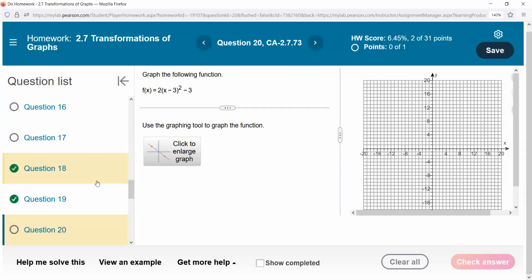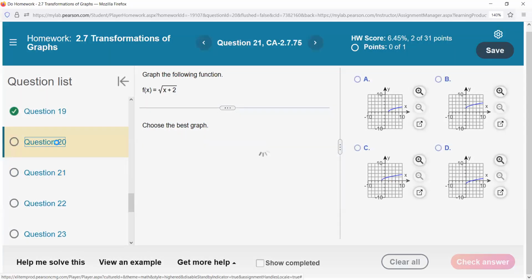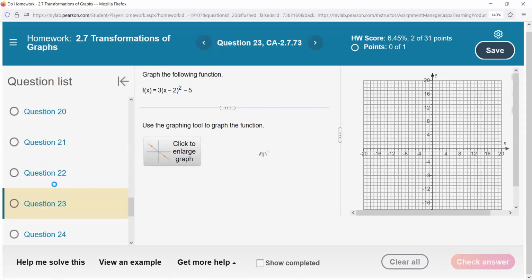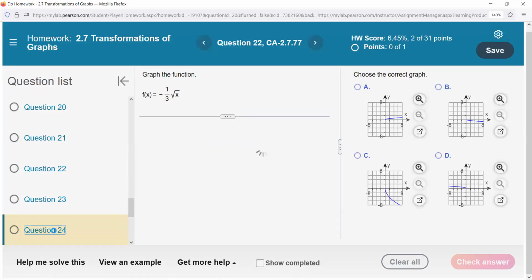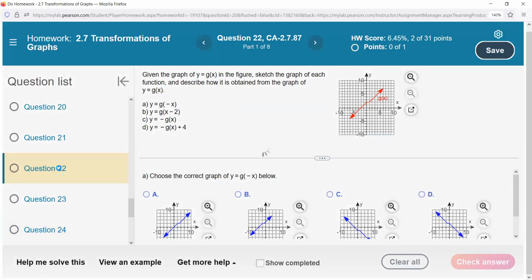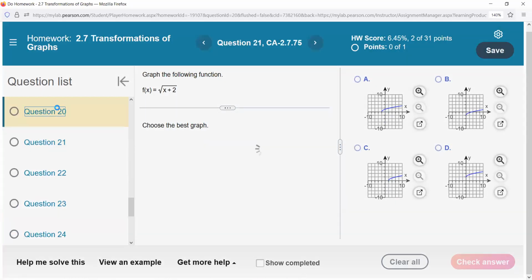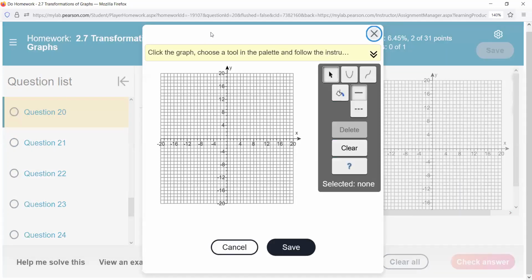Okay. And I'll do one more, preferably one that involves several or different types of transformations. Let's see. Well, I don't see anything that involves all types, but let's try this. The function is 3 times x minus 4 squared minus 6.